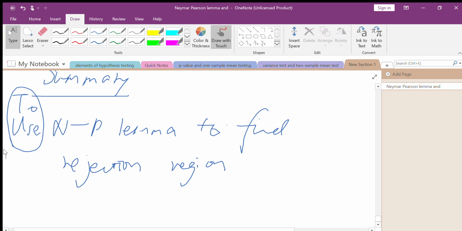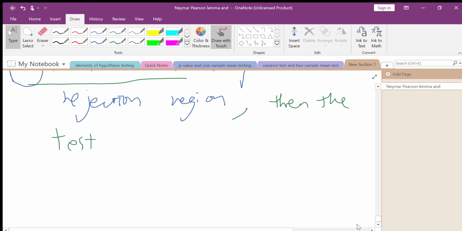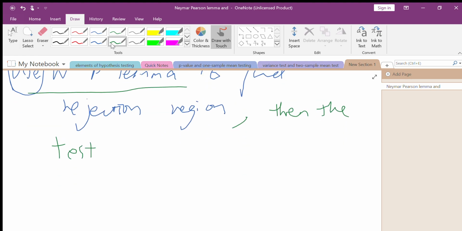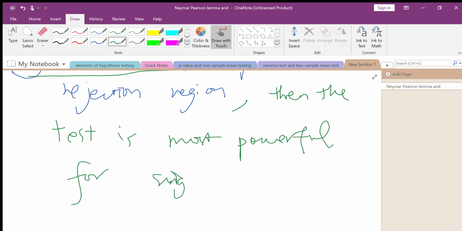How to use NP lemma is two steps. So use NP lemma in two steps to find the rejection region, to construct a test, then the test is most powerful for single-sided testing.